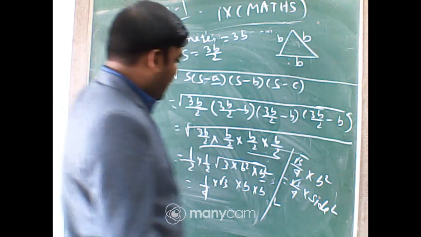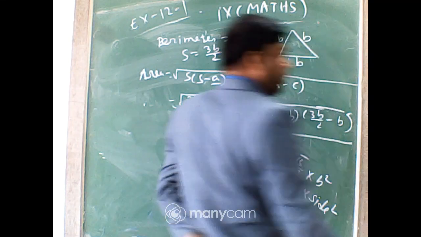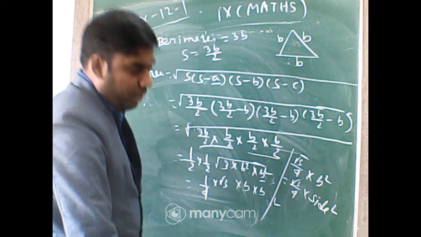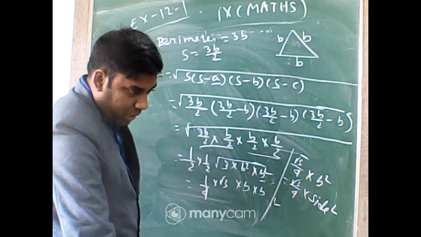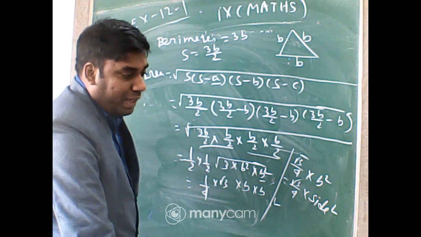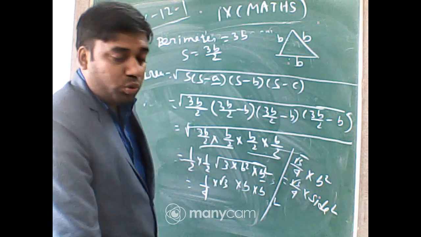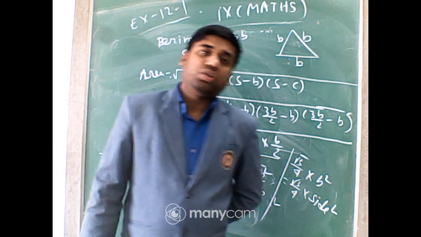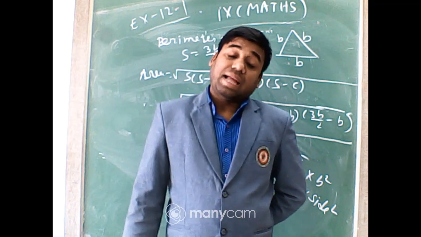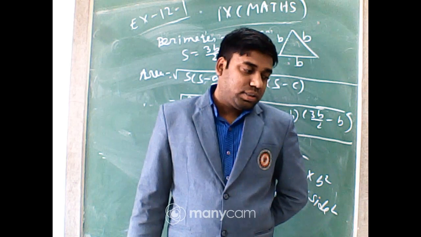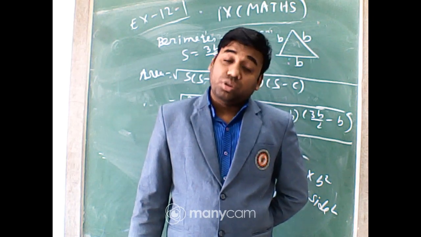Okay, so I have derived the equilateral area formula by using Heron's formula. Okay, so students, I end this class here. Tomorrow you will have the maths class, and in that class I will start construction.